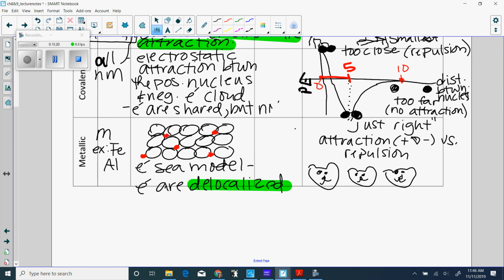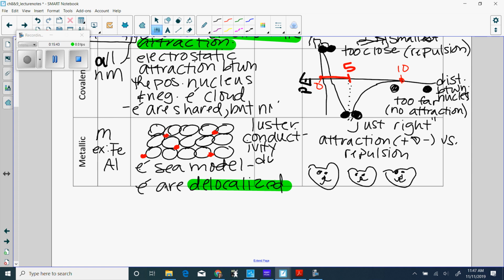So, because of that, it makes them shiny. It gives them luster. Electrons moving is like energy moving, and it reflects light. It also allows for them to conduct electricity. Electricity is a movement of electrons, and since they are not stuck in place and they're able to move everywhere, that conducts electricity.